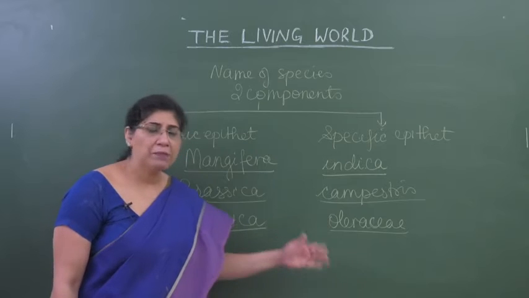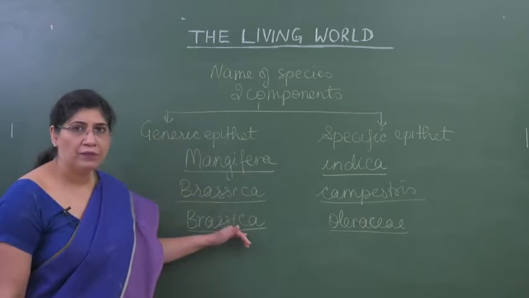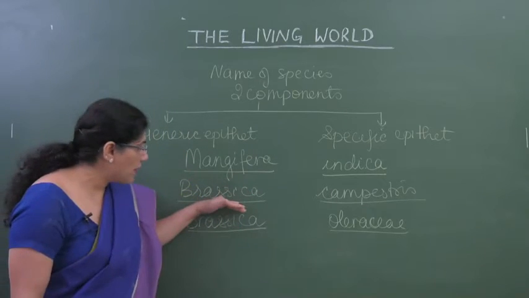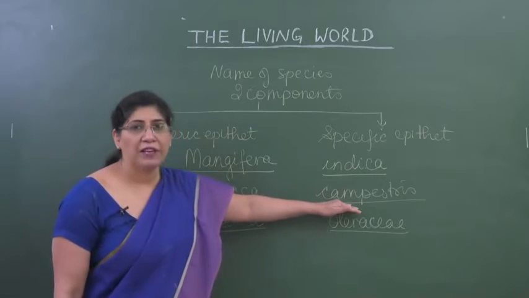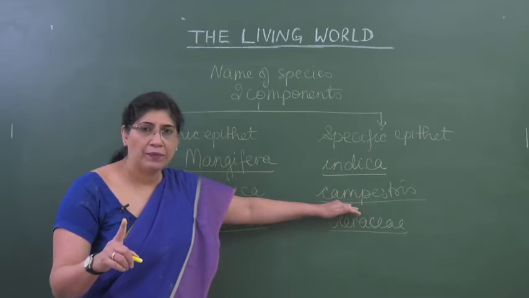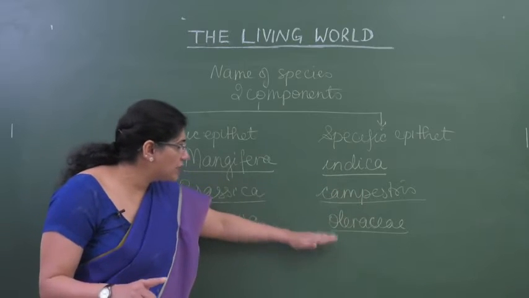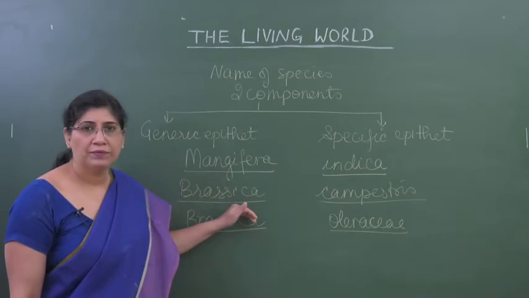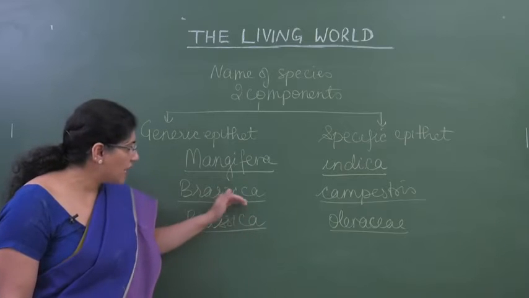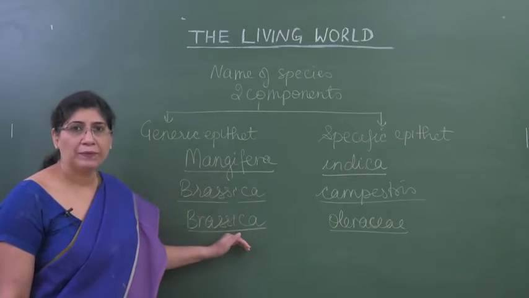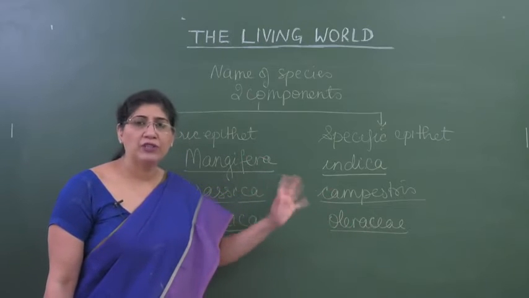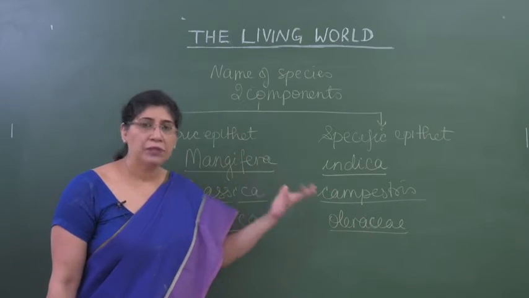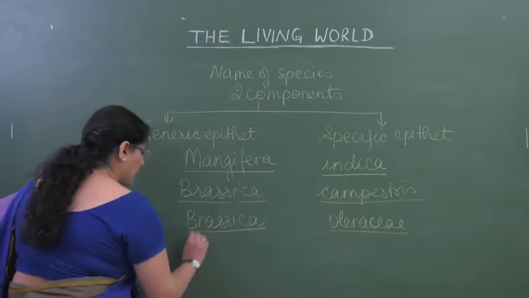The different species of Brassica will have the same generic epithet but different specific epithet. So campestris is not a species. Let me put another example.